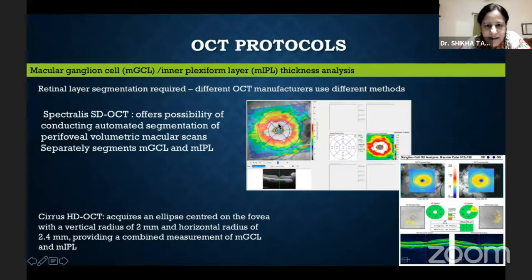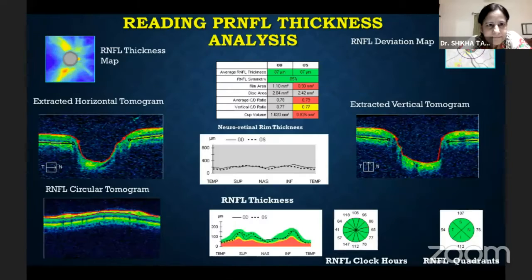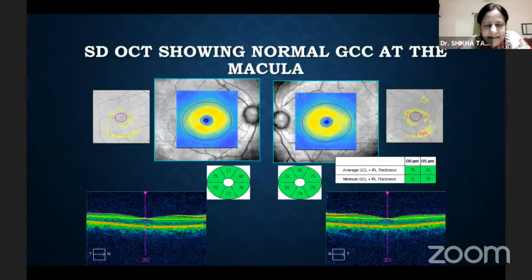Here it's a circular image, and in Cirrus, it's an elliptical annulus that is studied centered around the macula. I'm not going into the details of how to read these charts of RNFL and GCC.